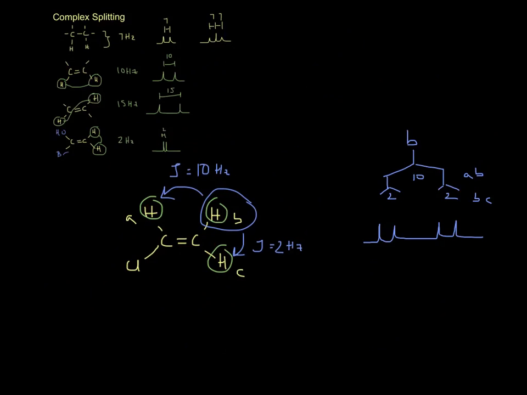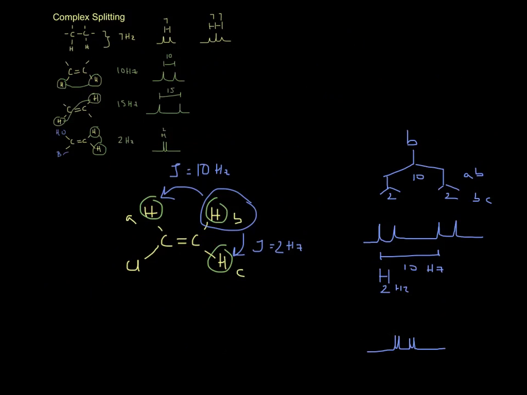Again, it's a doublet of doublets, and you've got a gap here of 10 hertz, and these little tiny gaps would be 2 hertz. So when we're really looking at the whole NMR, it's just going to look like this. You might have to zoom in really far to even see those 2 hertz because they're so close to each other. But this is what we would see, and this is what complex splitting is.